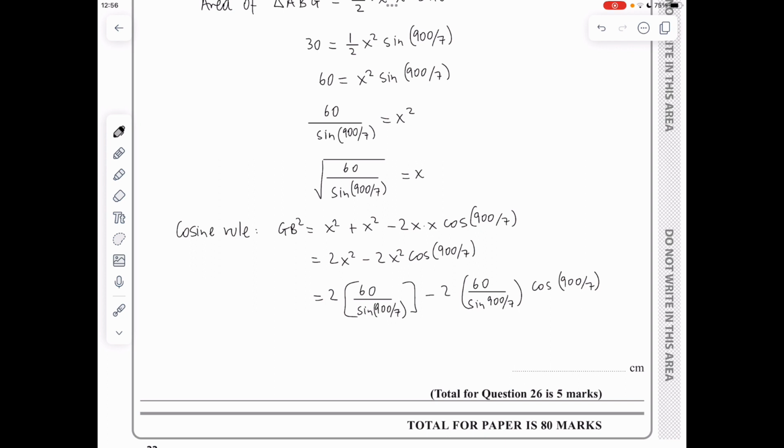This gives an answer of 249.182... This is GB squared. So to find GB, I will take the square root of 249.182, and this gives an answer of 15.8 centimeters.